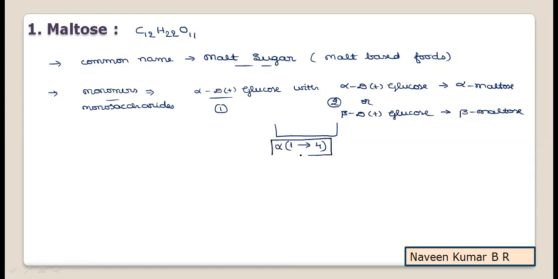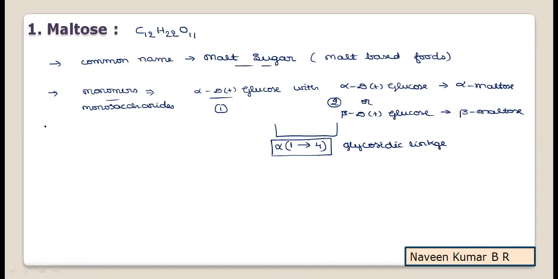Now the glycosidic bond is represented like this: the configuration of the first monosaccharide and the carbon which is involved in glycosidic linkage. Alpha 1,4 glycosidic linkage is seen in maltose.